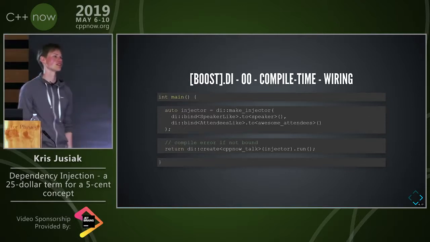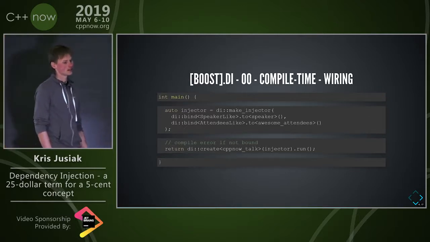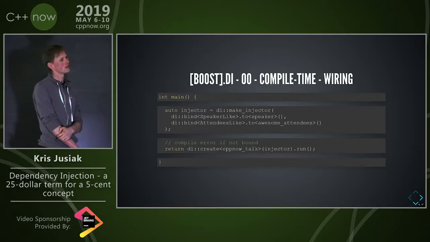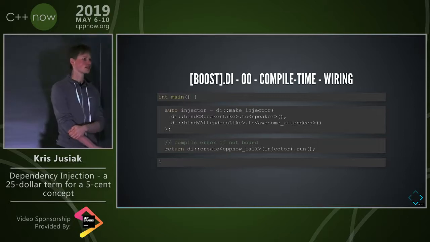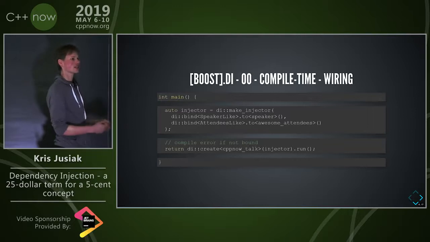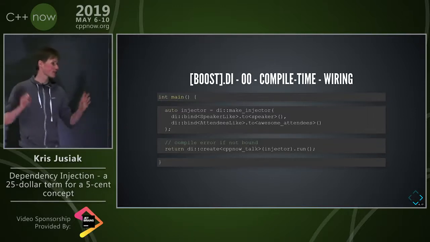Oh, yeah, another question. Can the constructor have two elements of, for example, speaker line, or do we need to have only one parameter with one concept or type? I mean, can they have two speaker lines in the constructor? Right, so the question is whether we can have two speaker-likes in the constructor. No. We would have to bind it to a context, right? Therefore, the strong types are really good for DI.